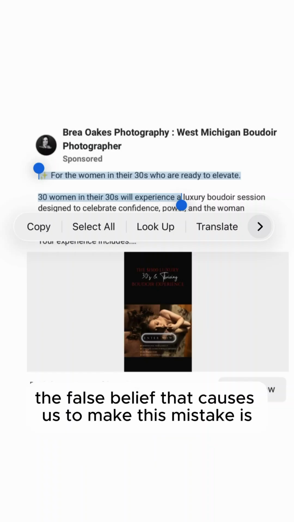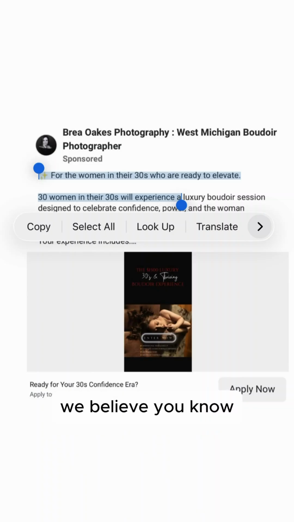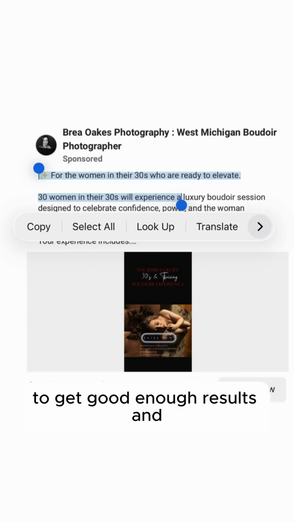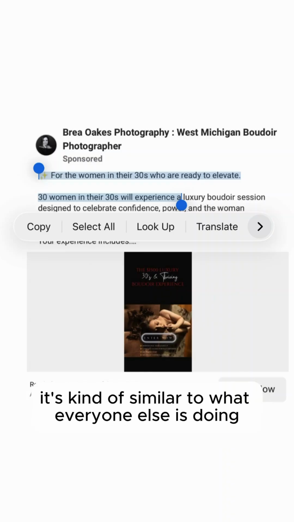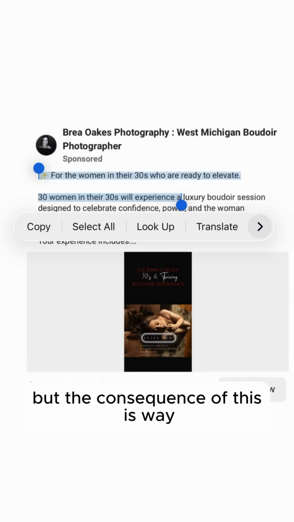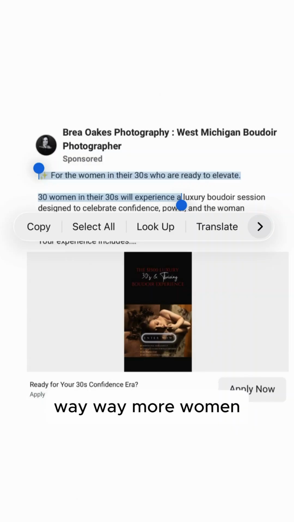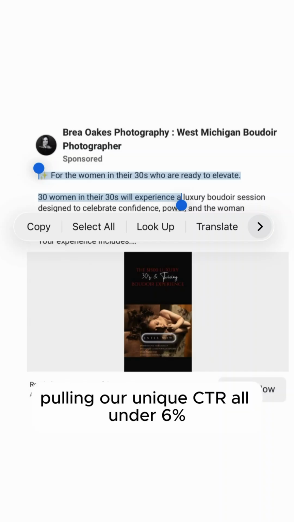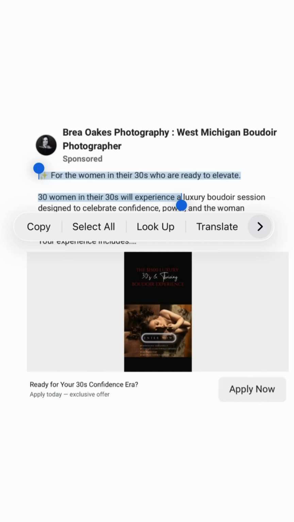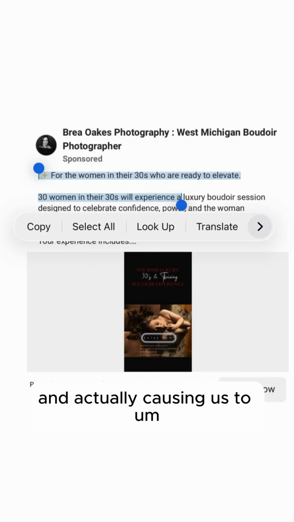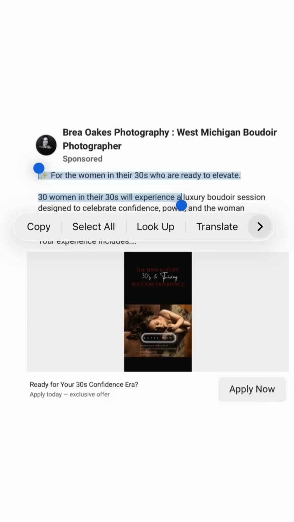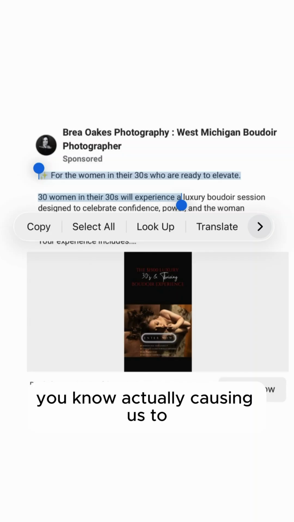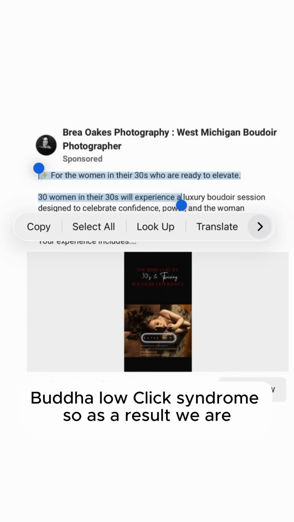The false belief that causes us to make this mistake is we believe we've provided a good enough headline to get good enough results, and it's kind of similar to what everyone else is doing. But the consequence of this is way more women scrolling by our Boudoir Facebook ad than necessary, pulling our unique CTR all under 6%, and causing a higher probability of having BLCS, Boudoir low click syndrome.